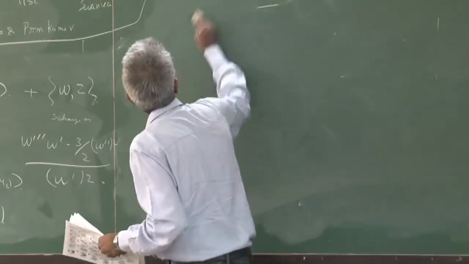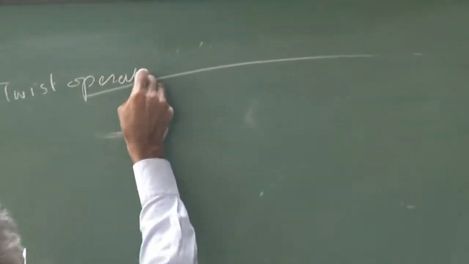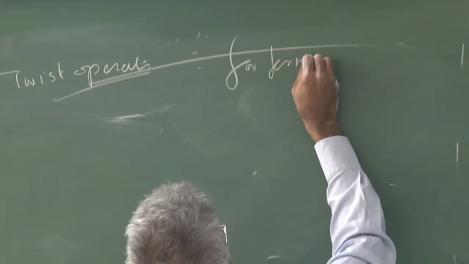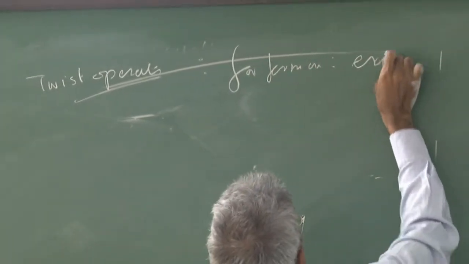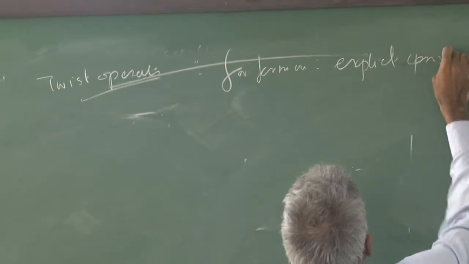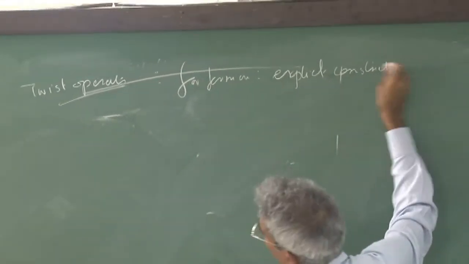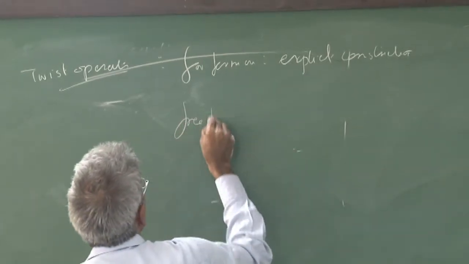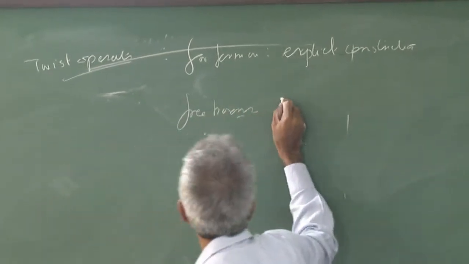So the twist operator for free fermions has an explicit construction in terms of the bosonized fields, in terms of the corresponding bosons. But for free bosons, there is no explicit construction.